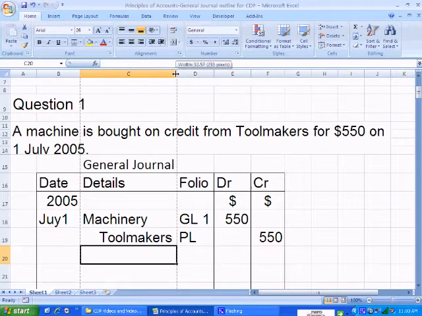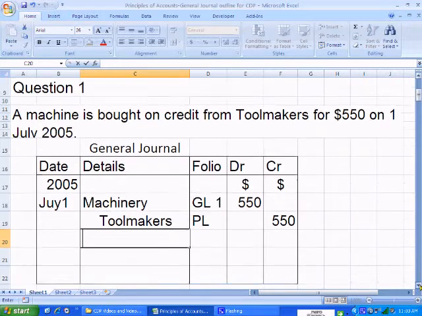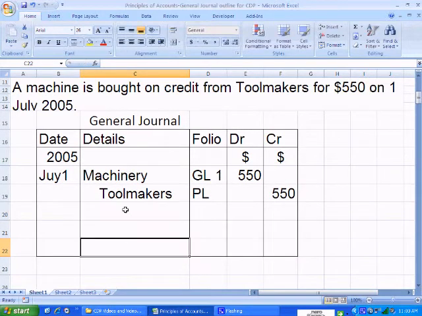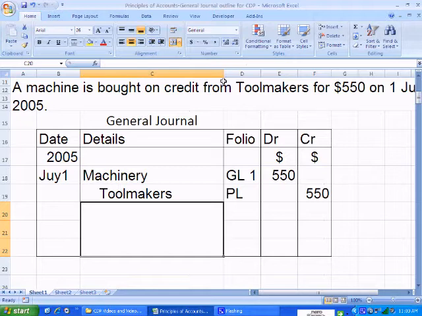This is called narration. Say purchase of milling. Before I go any further, let me just have this space right here. The narration part of it, friends, is quite a good thing to write, so let's get it right.